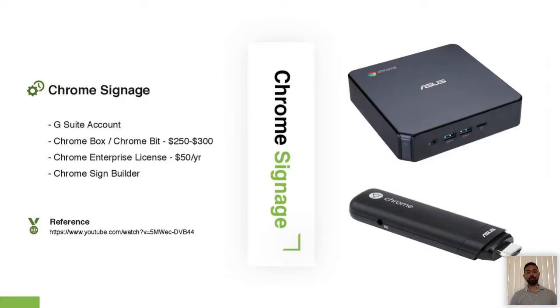And the Chrome Sign Builder: to display the contents onto that Chromebox, we need to create contents, right? To schedule the content and understand the contents that we are providing to the box, Chrome Sign Builder comes in. We'll see a little demo soon.